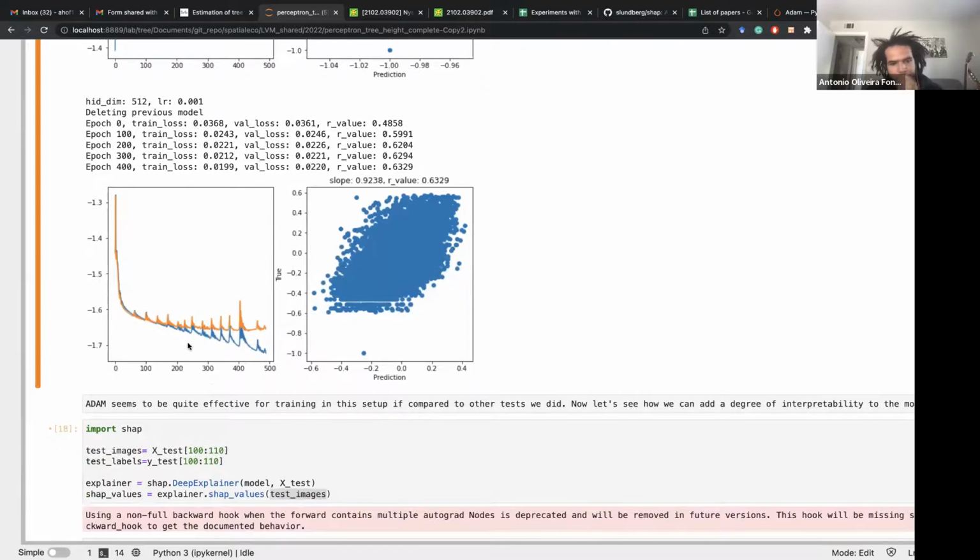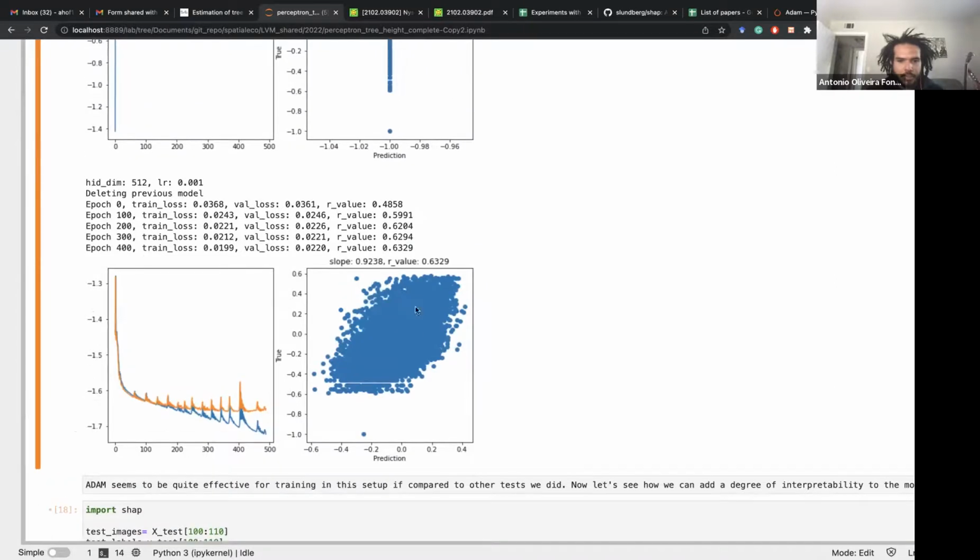In here again, you see that the R value is still going up for the test set, because what we're plotting here is the test set. So for this combination with a hidden dimension 512 and learning rate 0.01, we achieved 0.63 already for R value.